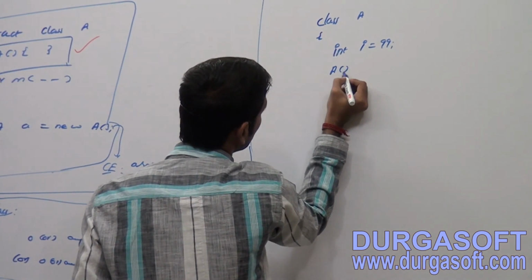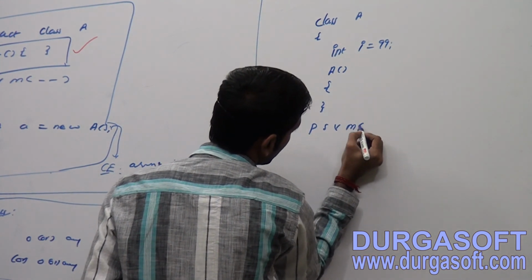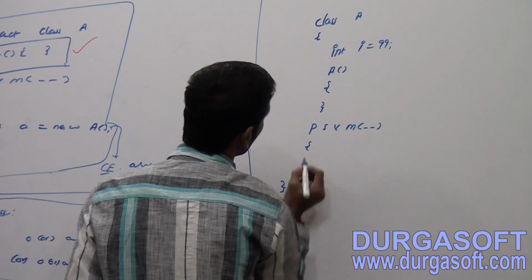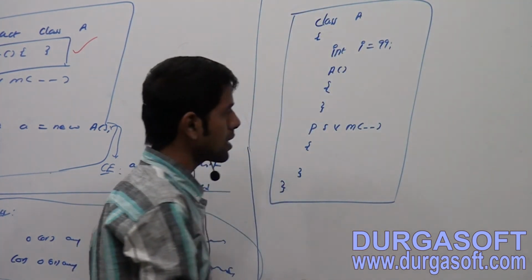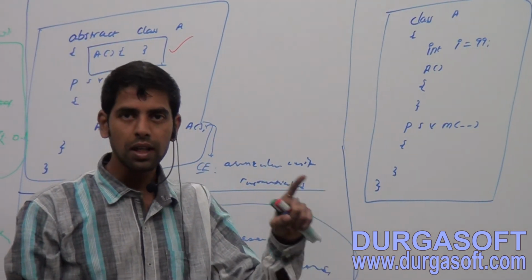Now let me put the constructor. Now public static void main String array. Observe friends, if I compile this piece of code, will it compile successfully, or with any compile time error? It compiles successfully.